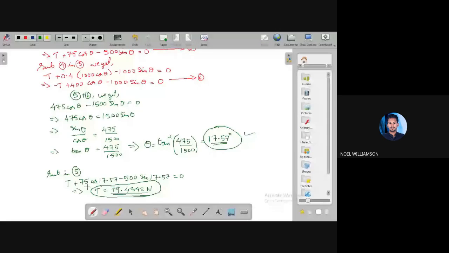Then we consider the equilibrium conditions, that is sigma Fx equal to 0 and sigma Fy equal to 0, which gives two relations. So for each free body diagram, we consider the equilibrium conditions and get two equations each. On solving all equations, you will get the unknowns. This may vary from question to question. So this was how you have to do this problem.